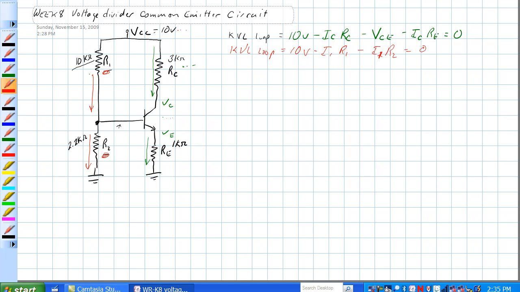It's equal to 0. Now we'll go through why that's not exactly true, but let's KVL the last loop and we'll see why. So let's do that one in blue.